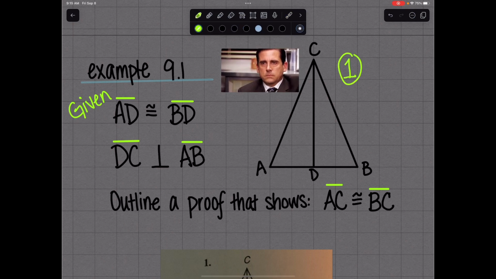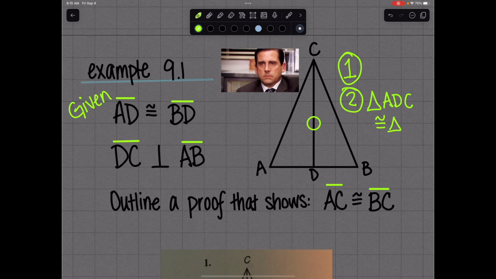Step 1, the first thing that we're going to do is mark this one with a circle. Why are we marking that with a circle? Because we're marking the segment that is a side in both triangles. And so obviously they have to be the same because they're a side in both triangles. Second step is that we're going to prove that triangle ADC is equivalent to triangle BDC.